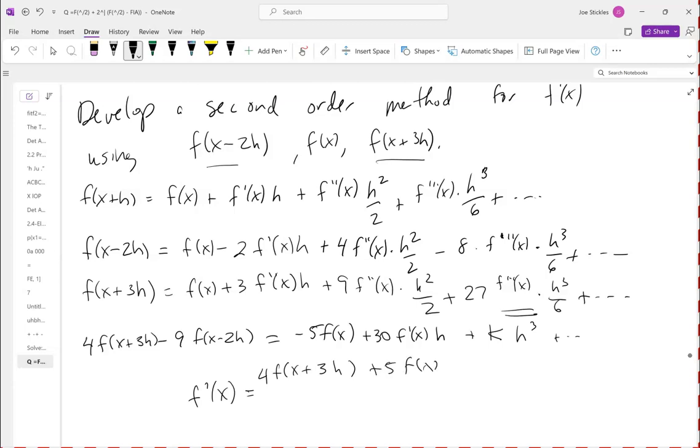I'm just putting it in the middle for aesthetic reasons, but you're exactly right. And then all of that over 30h. Good. And then on the end, we'll have O of h squared. I'm not worried about this part in my solving until I'm writing down the error term. I need to add the 5f of x to the other side and divide by 30h.